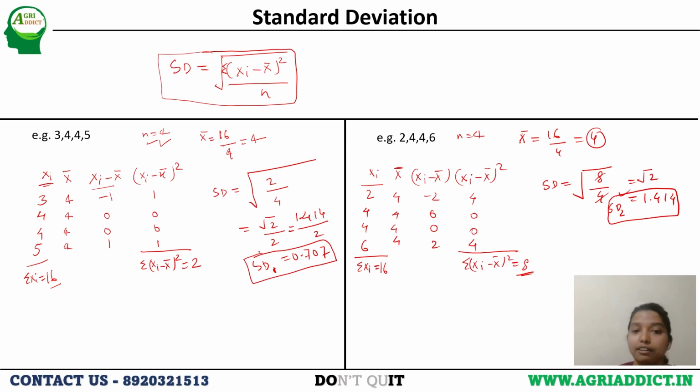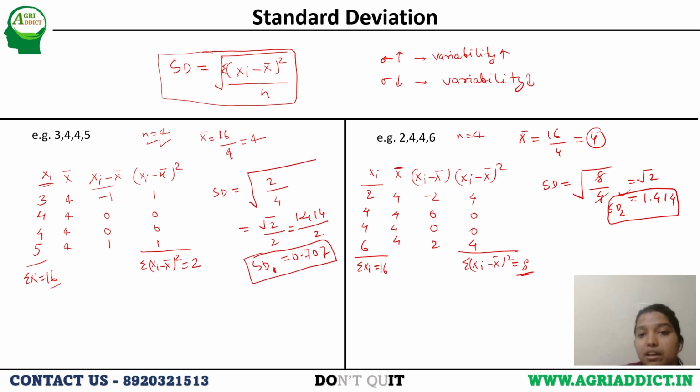Why we discussed two scenarios is this: when we say that the standard deviation is denoted by sigma, if standard deviation is high, it means variability is more. If standard deviation is low, it means variability is low.